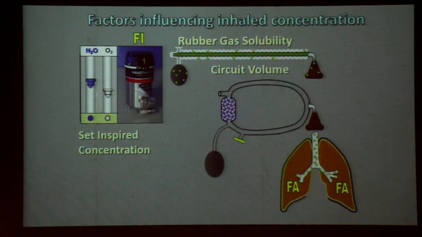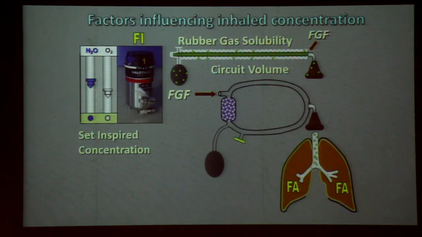The second one is the type of circuit. If you use a larger volume of circuit versus a smaller volume of circuit, that will again take time to equilibrate. Right? For a closed circuit, it will take time. And then the point at which you are delivering the fresh gas flow. If you are giving it just near the patient, you will be bypassing most of the circuit, and the rubber gas solubility may be much less in those areas.